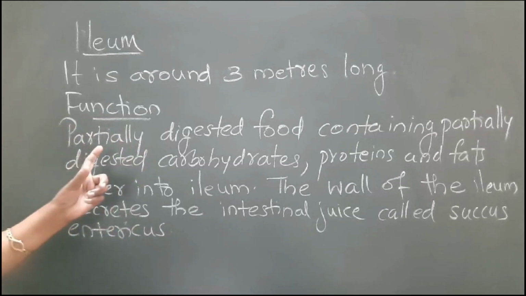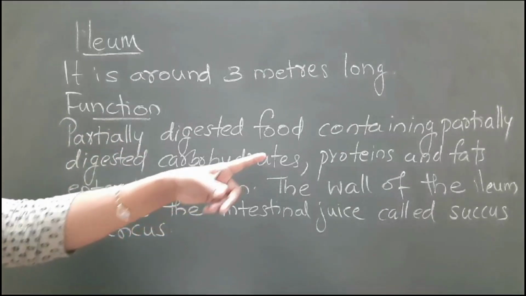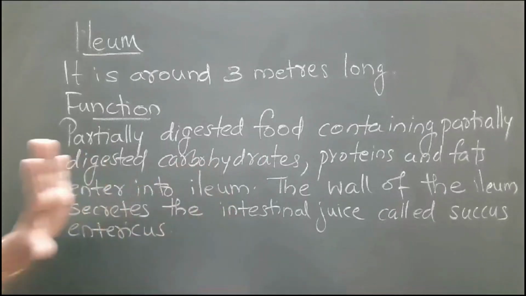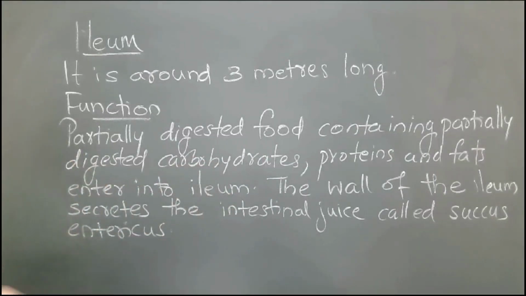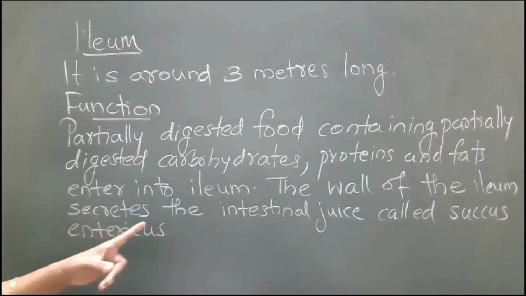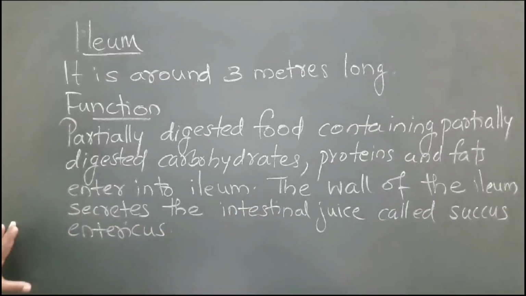That is why the partially digested carbohydrate, protein and fats come into the ileum. There the whole digestion completes. So the wall of the ileum secretes the intestinal juice called succus entericus. These are the two functions of the ileum.